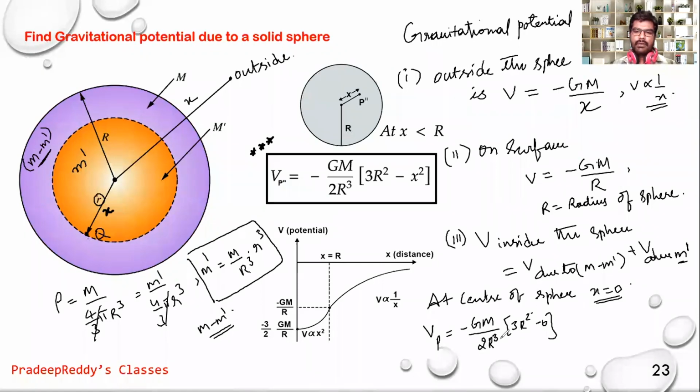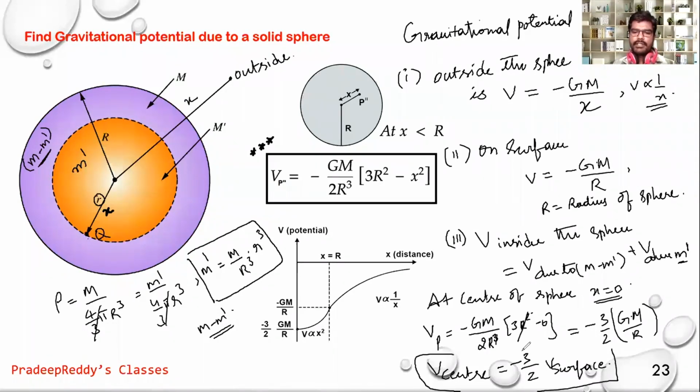This R square and this R square get cancelled, which gives minus 3 by 2 capital G, capital M divided by R. But what is capital G, capital M divided by R? This is the potential on the surface. Therefore, potential at the center is equal to minus 3 by 2 times the potential on the surface. This is the equation for gravitational potential. So at the center of the sphere, its value is minus 3 by 2 times that of the surface.